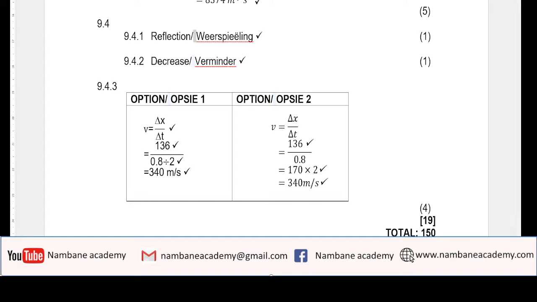9.4.2, what would happen to the time delay if the reflecting surface was closer? Write only increase, decrease, or remain the same. It is decrease. 9.4.3, by means of calculation, prove that the speed of sound in air is 340 meters per second. There are 2 options.